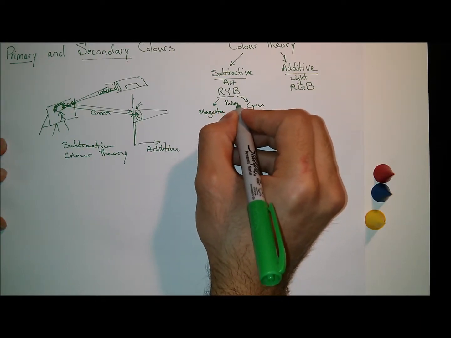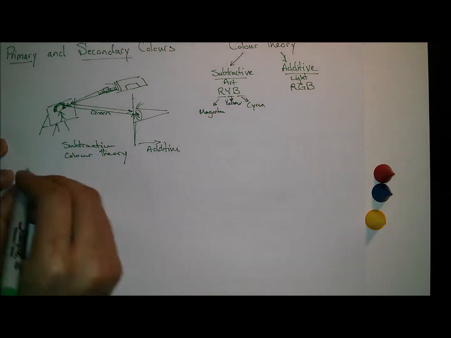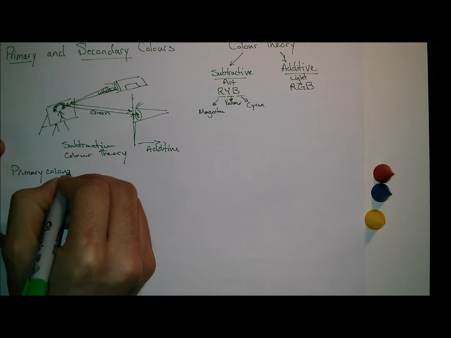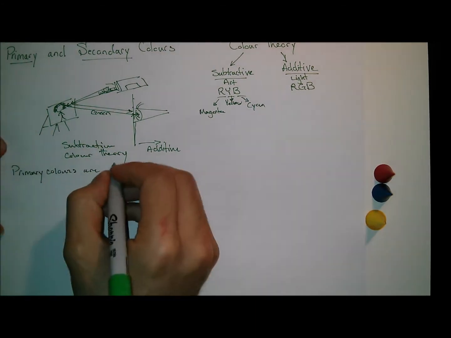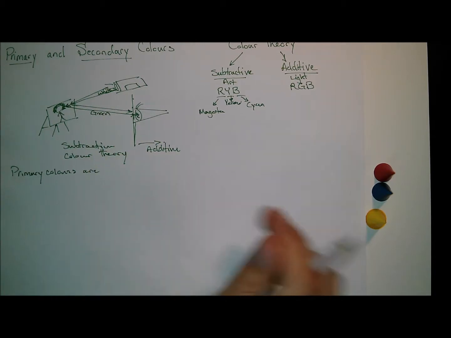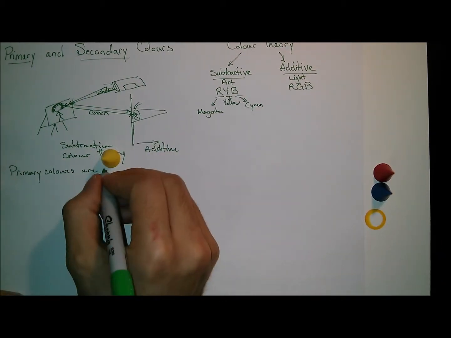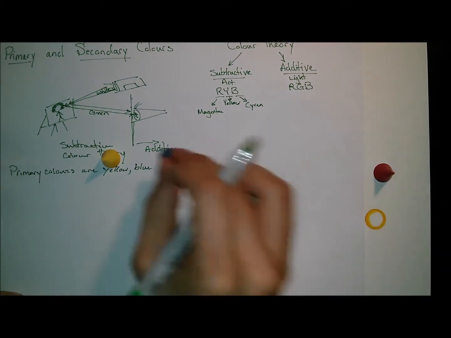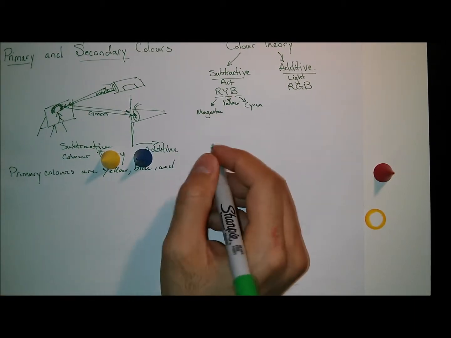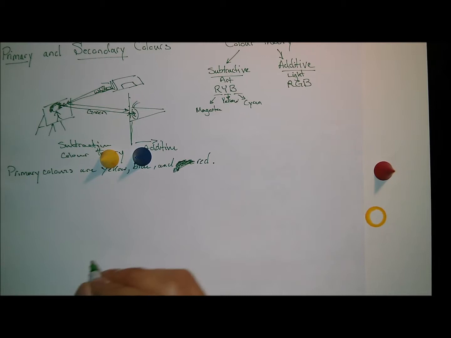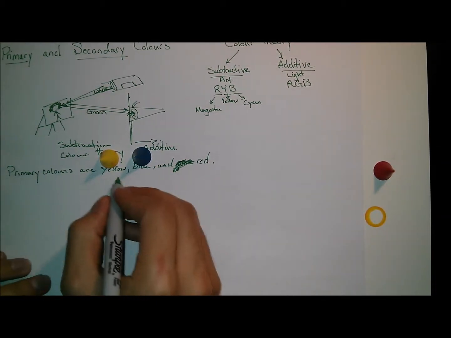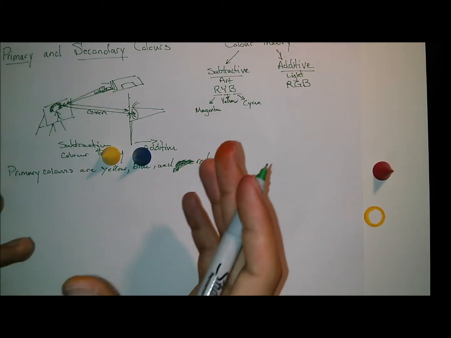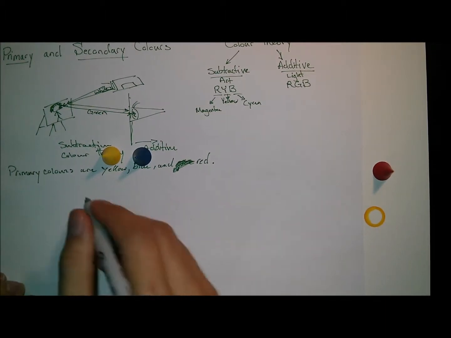But our primary colors are yellow, blue, and red. Whatever combination we give to these will result in a composite color that we get from the combination.